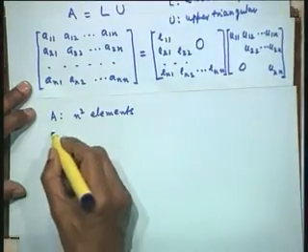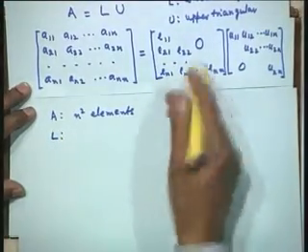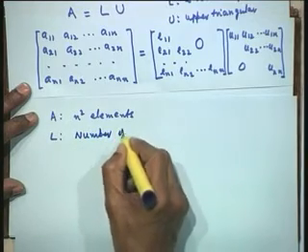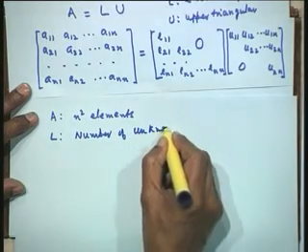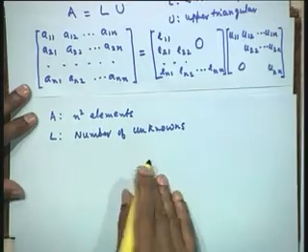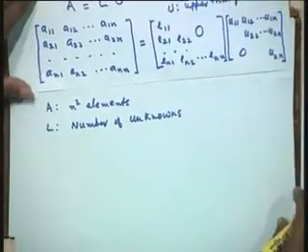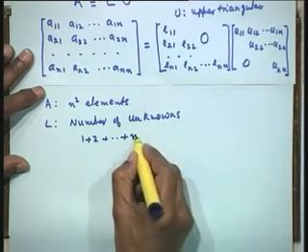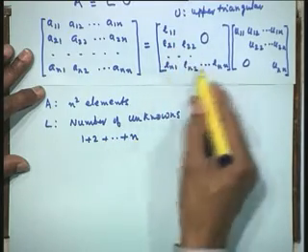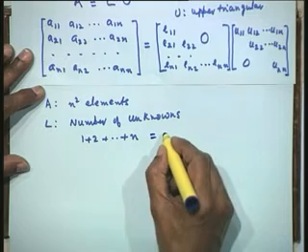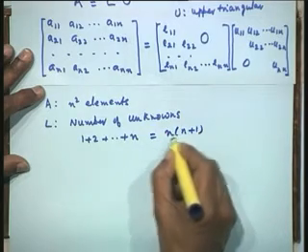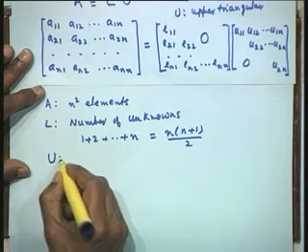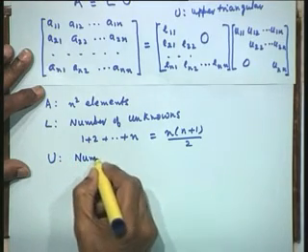Now, let us look at L. These are unknowns. Let us add them up. This will be 1 plus 2 plus 3 and so on up to n, that is n into n plus 1 by 2. Similarly, if I take U, the number of unknowns is the same.